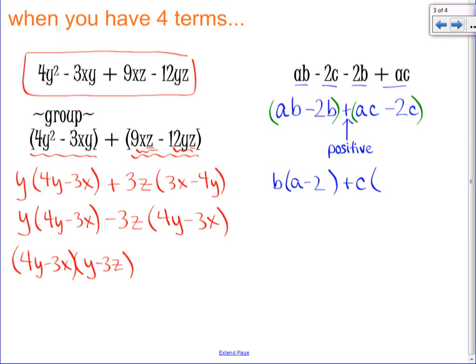And you're left with a minus 2, which is really nice. Okay, because we can take that a minus 2 out front, and we're left with b plus c. Questions?